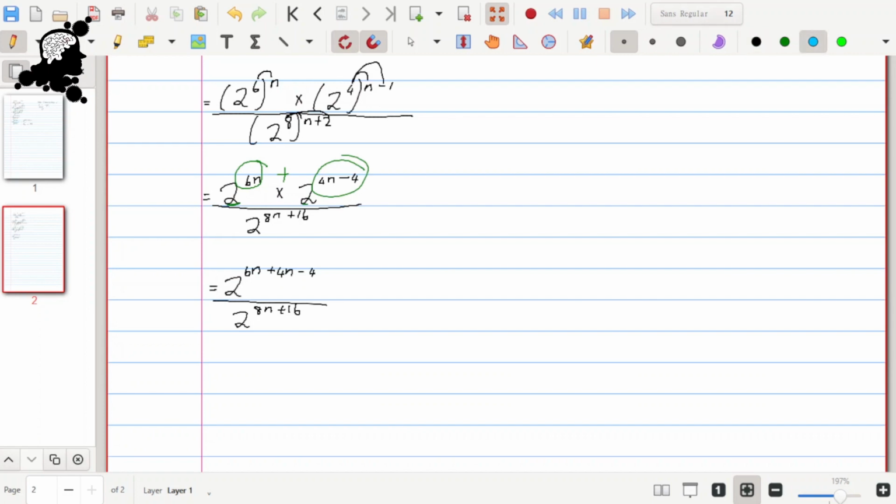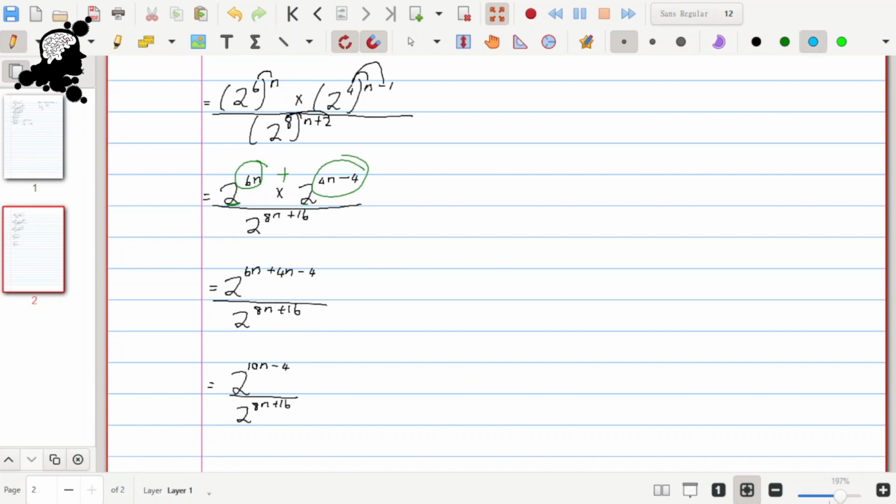Before I divide, let me simplify my exponents. So this is 2 to the power 6n plus 4n, that's 10n, minus 4, divided by 2 to the power 8n plus 16.